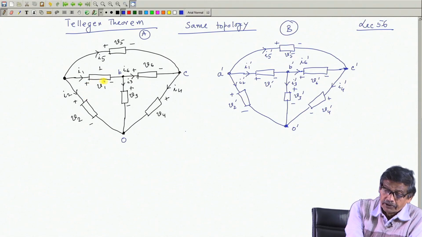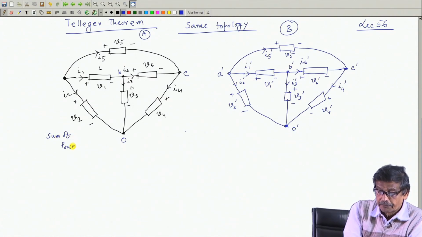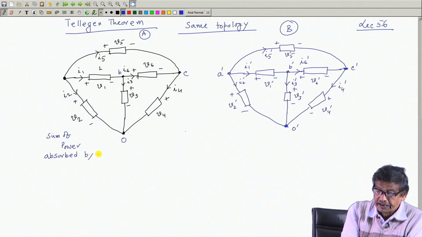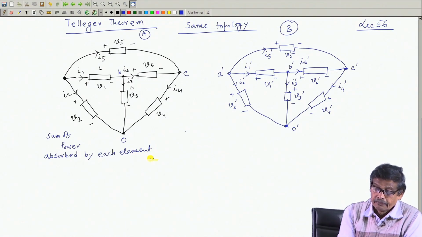Now, what is the power absorbed? Sum of power absorbed by each element must be 0.